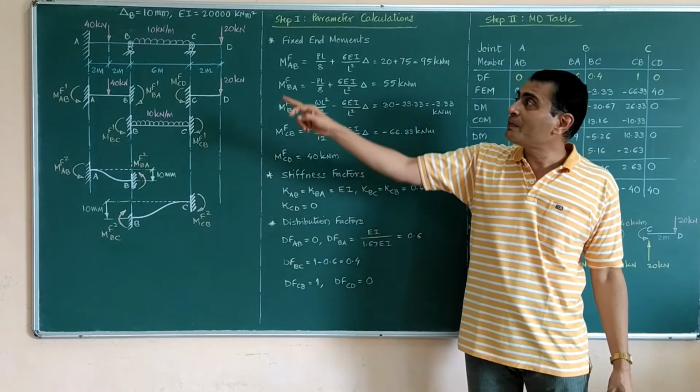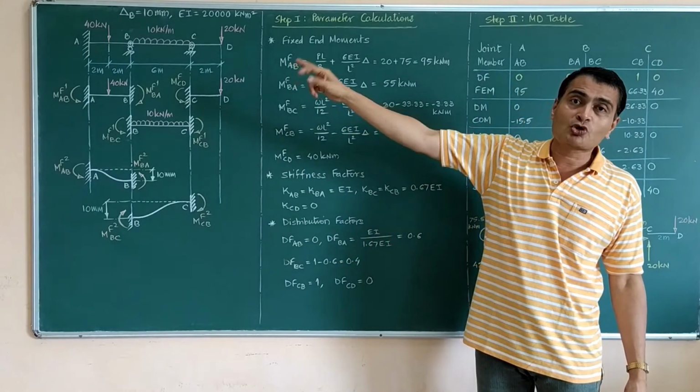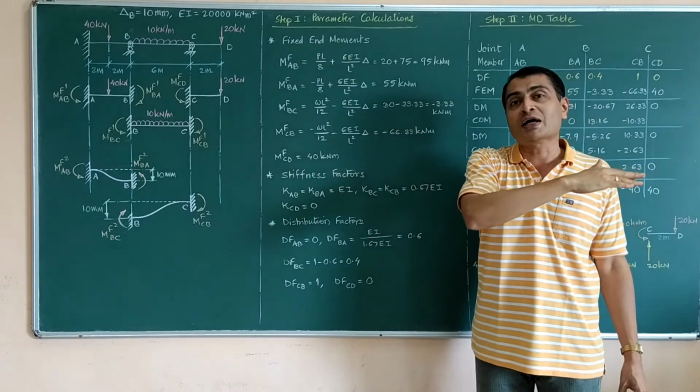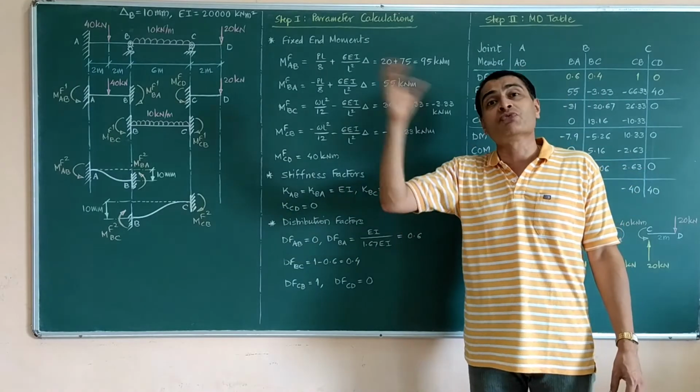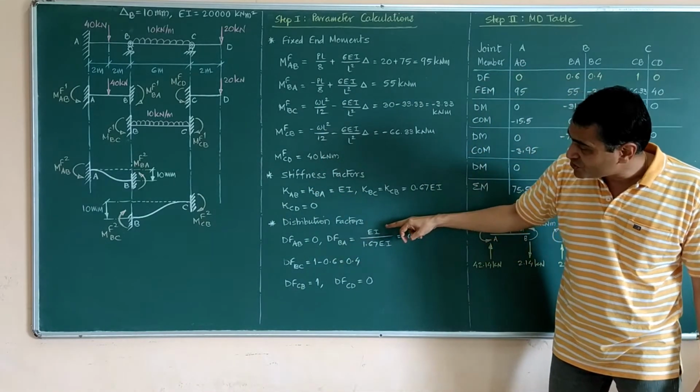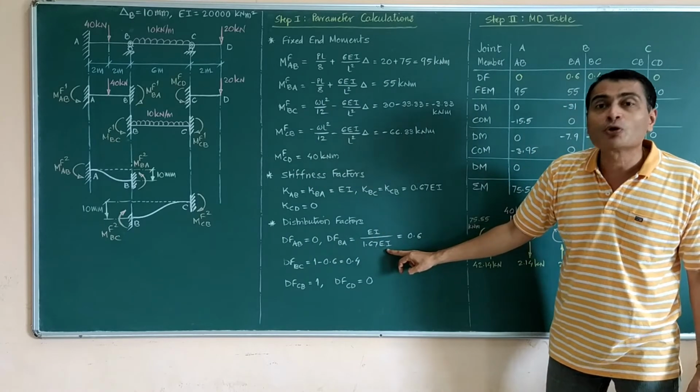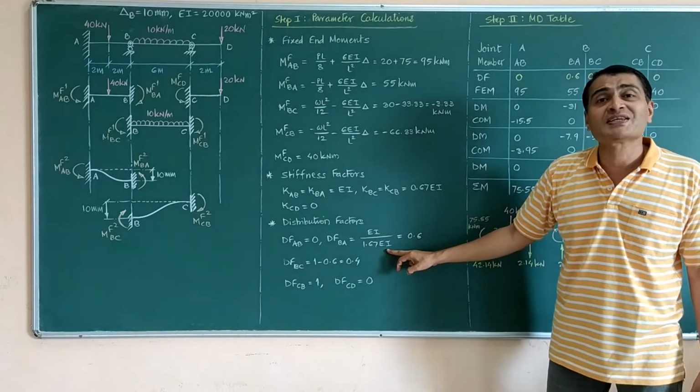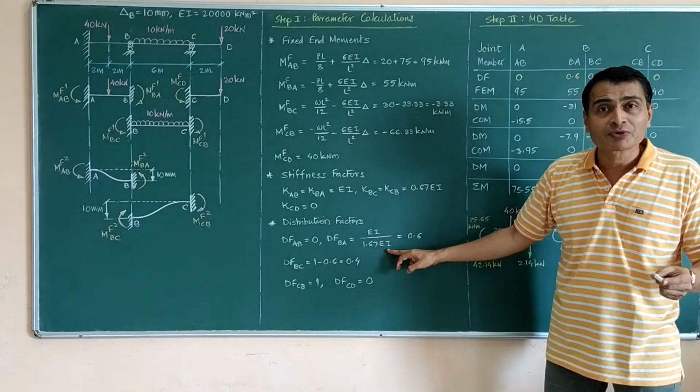Distribution factor of AB is 0 because wall A will absorb the entire moment, or its stiffness is infinite. Distribution factor for BA is stiffness of BA upon sigma stiffness at B joint.